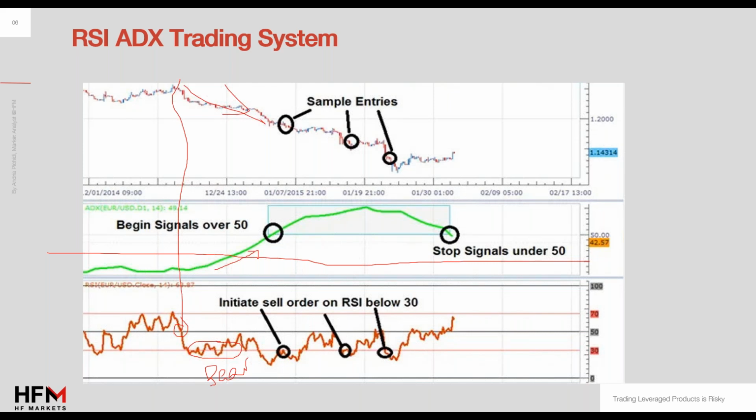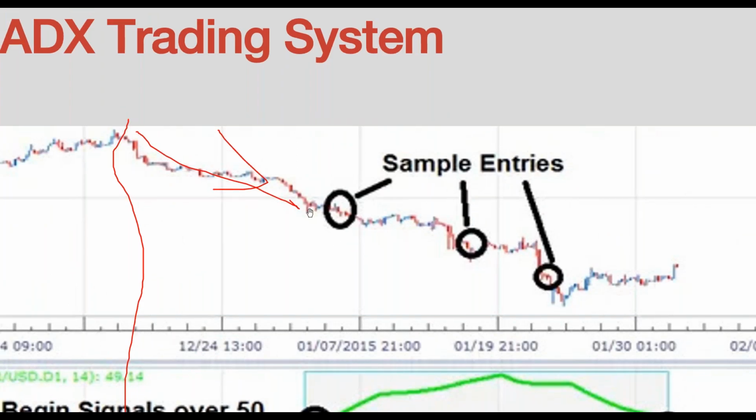One way to do it is if you see another crossing below 30 for the RSI, or if you see ADX crossing above 50, or simply you can zoom in by doing all this research, and enter the market when you see another break of the latest low.